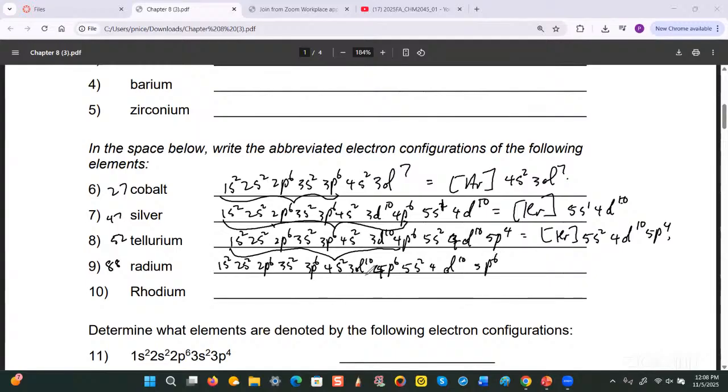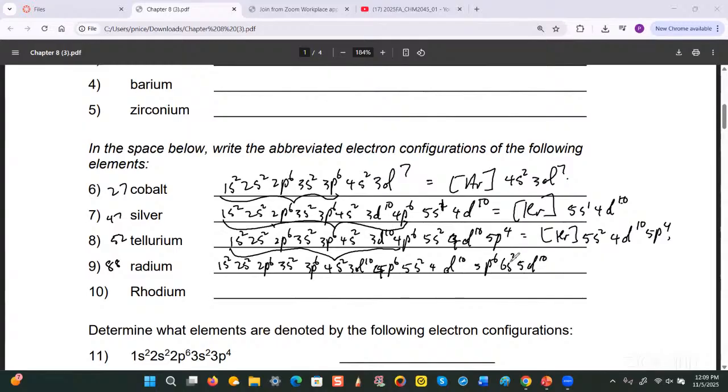Okay, so that takes care of 54 so far. So what's the next sublevel after 5p? 6s. 6s2, and what comes after that? 5d.